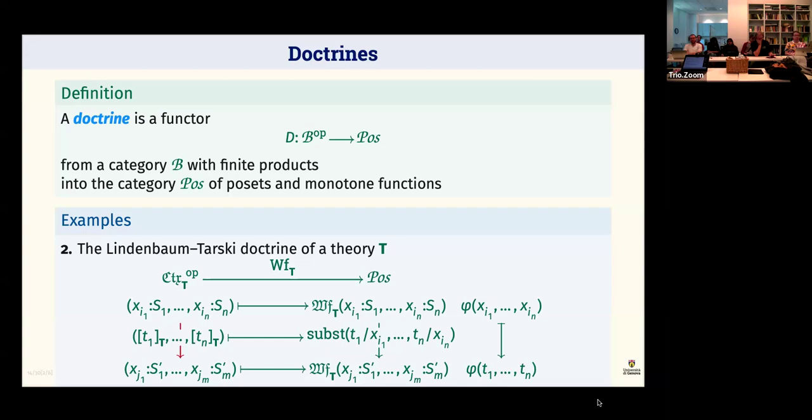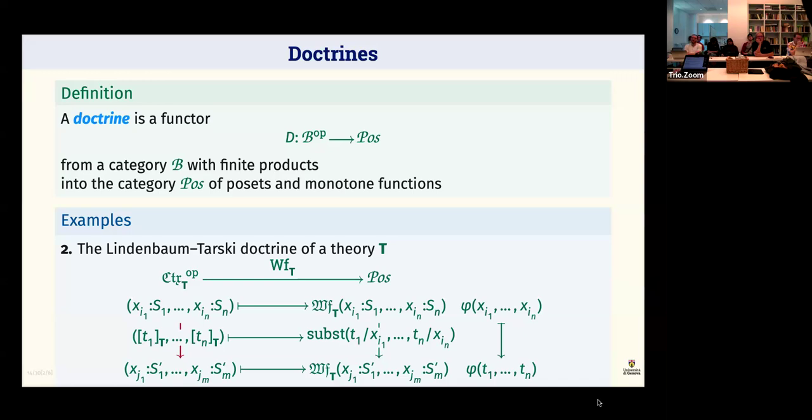Usually, the Lindenbaum-Tarski algebra of a theory is the collection of all the well-formed formulas with any number of free variables in them. Here, we are slicing up the Lindenbaum-Tarski algebra by considering just the subalgebras of well-formed formulas with those specific variables.